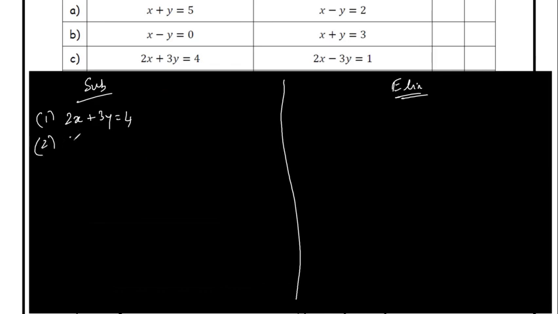Second equation is 2x minus 3y is equal to 1.